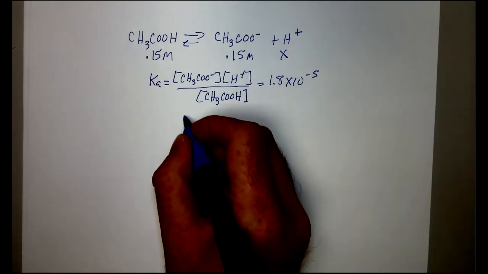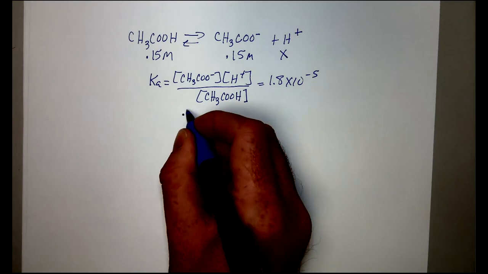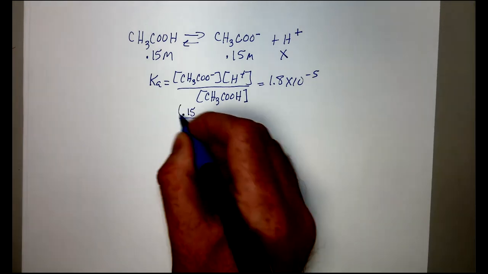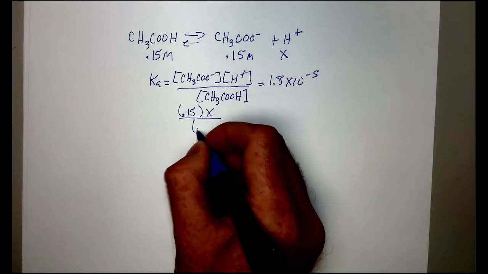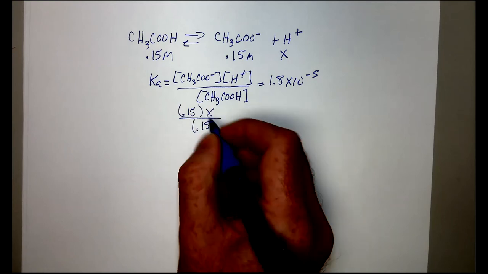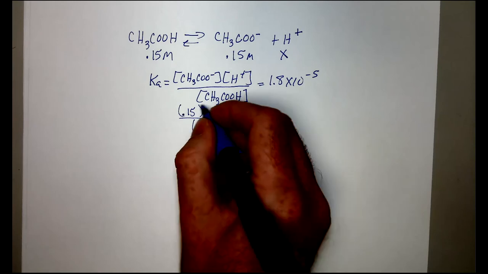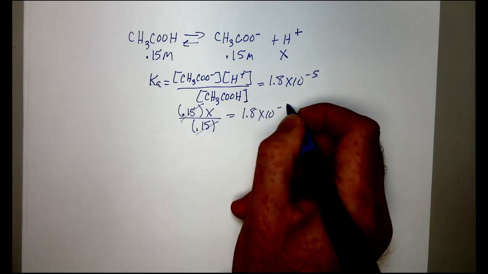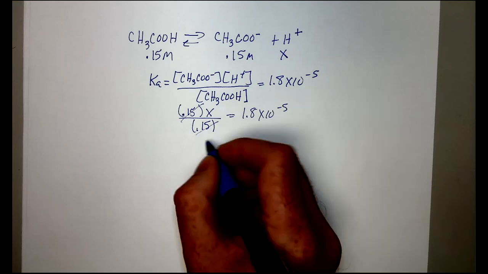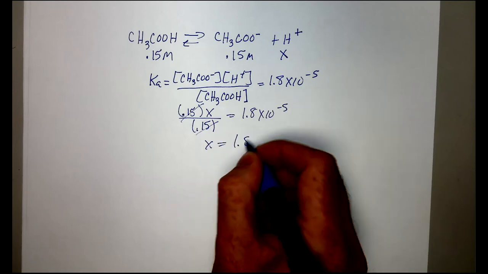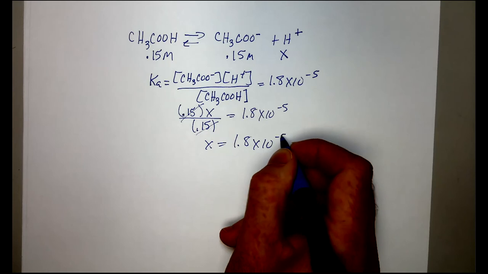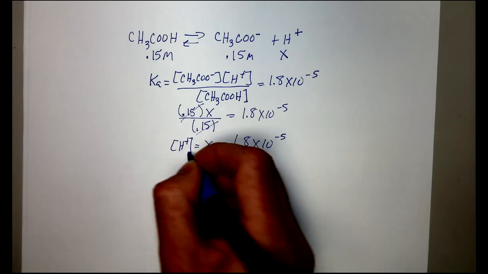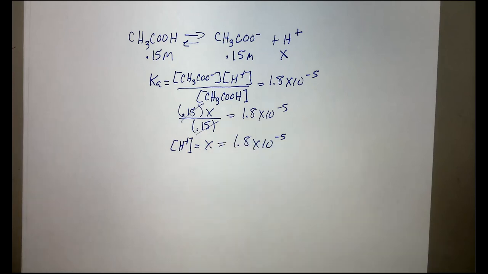So now we've got 0.15 times x over 0.15. These won't always be exactly the same, but they are in this case, and so those will both cancel. We have 1.8 times 10 to the negative fifth, and so x is equal to 1.8 times 10 to the negative fifth, which is equal to my H plus ion concentration.